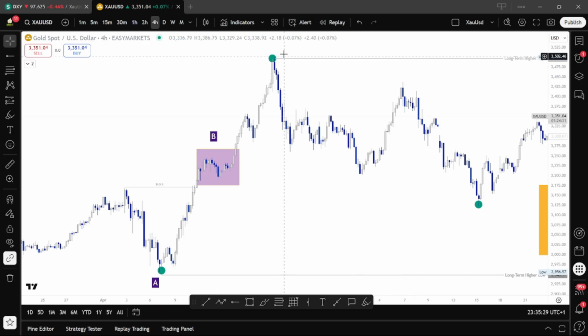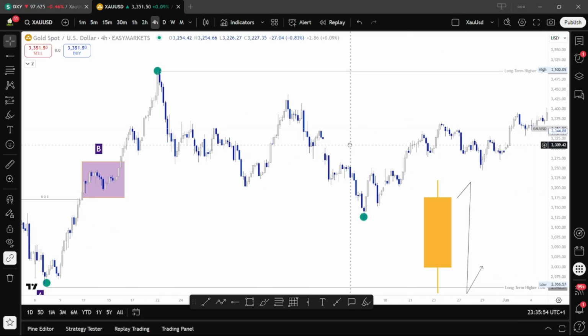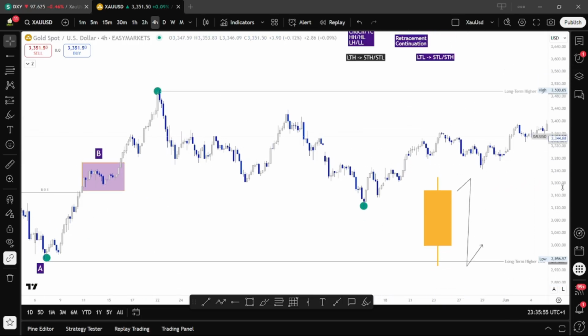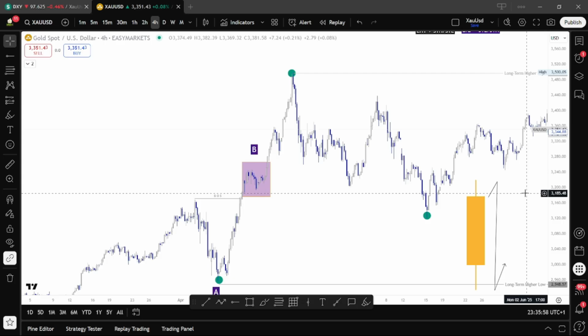Now, whatever happens on a big time frame also happens on a smaller time frame. That is why market structure is a lot confusing, because you're going to have retracement here and there, retracement inside retracement. If I scale this to a 1 hour time frame, you're also going to be amazed, because it is still going to be retracement upon retracement. So what I wanted to grab from this introduction to market structure is this.